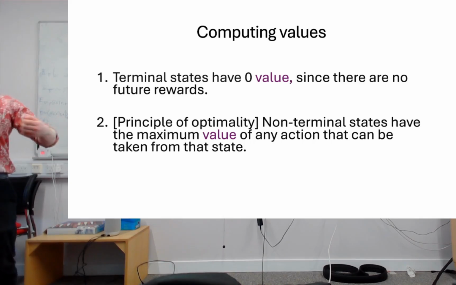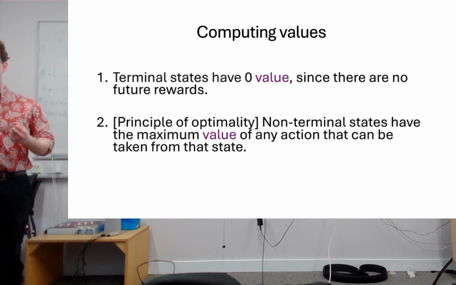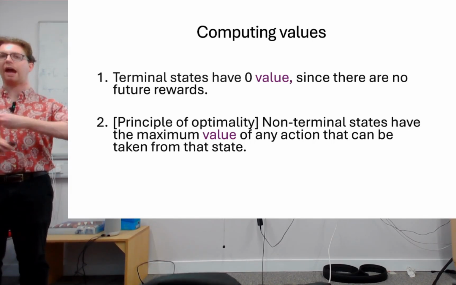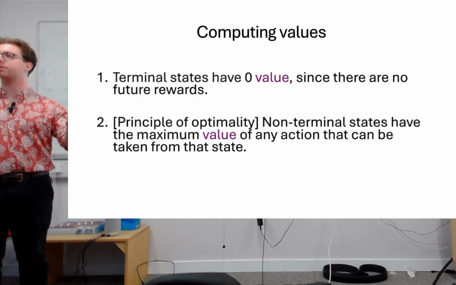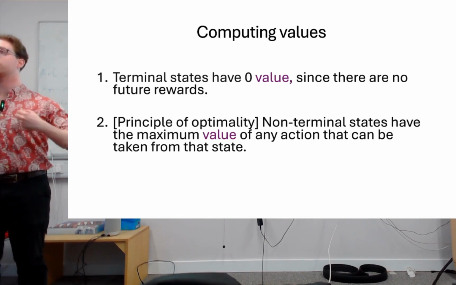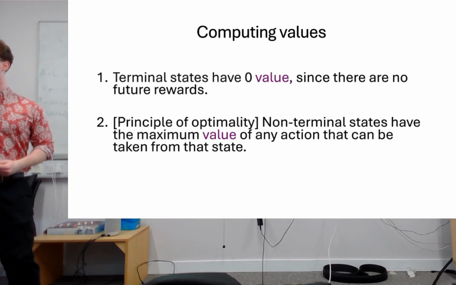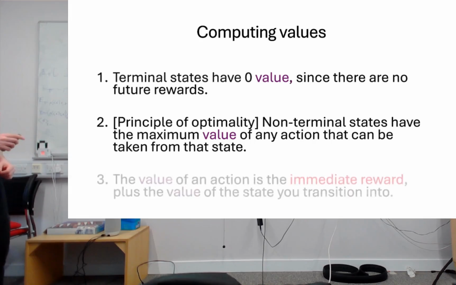So if there are two different actions I can take that have different values, what's the value of being in this state? Well, I get to pick what I do, right? If I have these different actions available to me and I get to choose between them, I'm going to choose the one that has the highest value. And so the value of the state is just going to be the maximum value of the actions off that state. This is the principle of optimality. This is our second axiom.